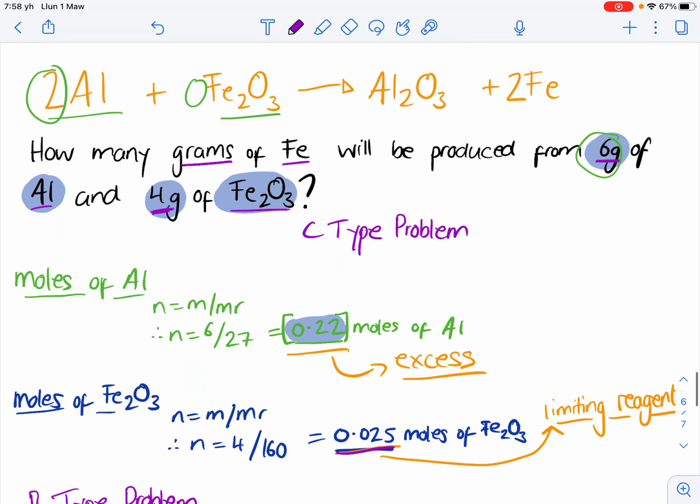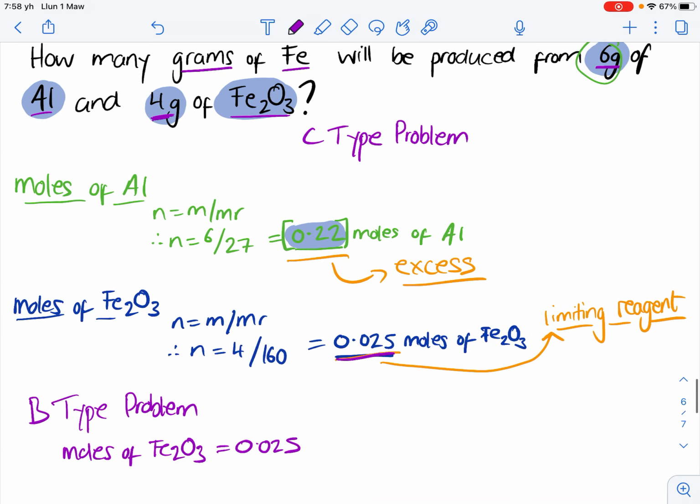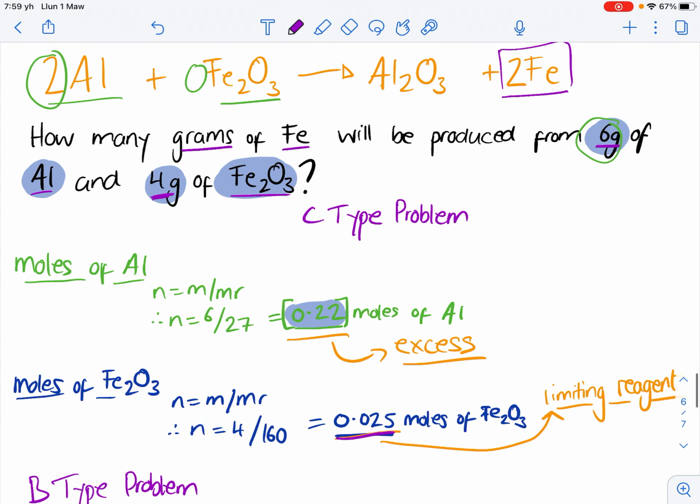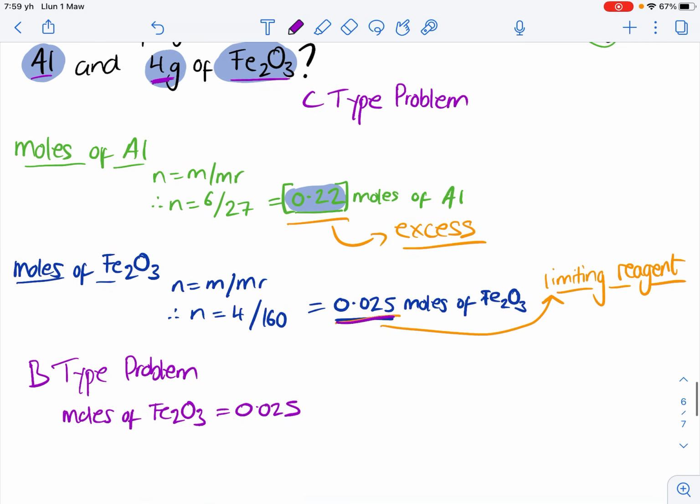Before I can work out the mass of iron that's produced, this is kind of my end goal here, I need to know the moles. Well, I can do that because I have a balanced chemical equation, and I know that the moles of iron oxide is 0.025. So looking at this equation here, the molar ratio between iron and iron oxide is 2 to 1.